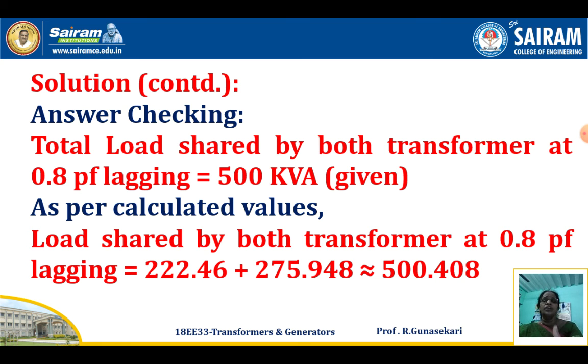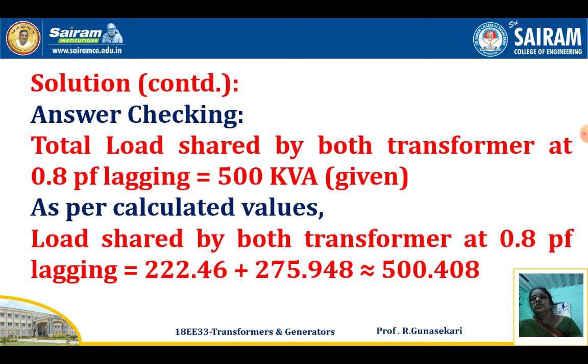What values we are calculating, whether correct or not? How to check our answer is correct or not? This is the answer checking. The total load shared by both transformers is the common kVA, 500 kVA.